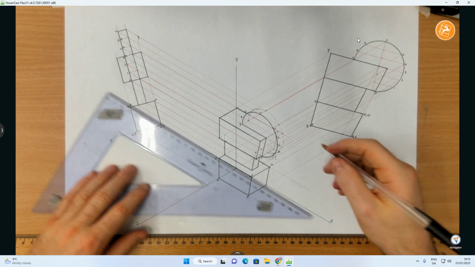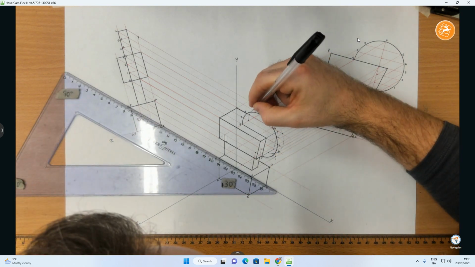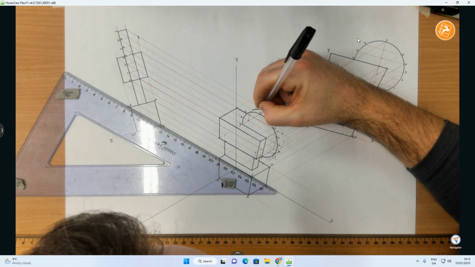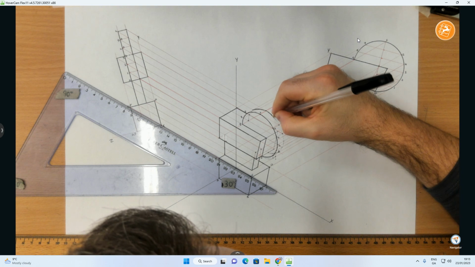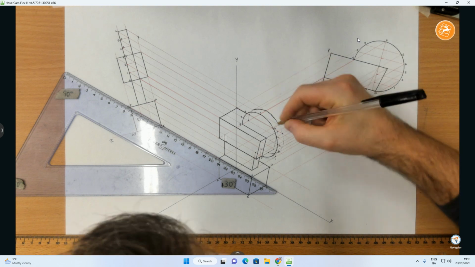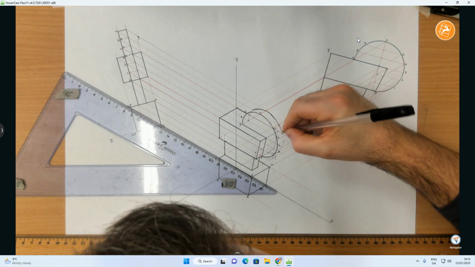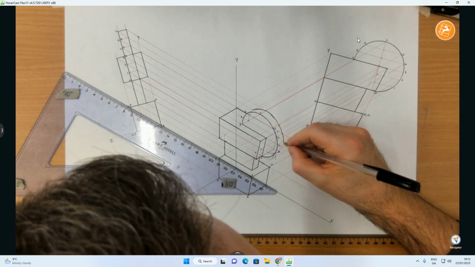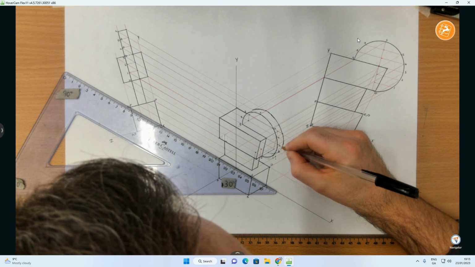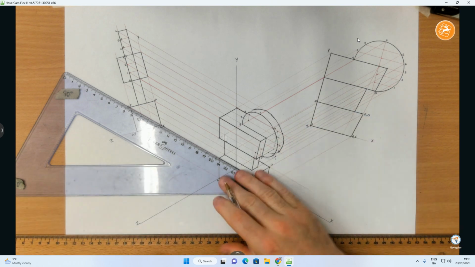Now, the only bits that we're going to see is these bits here. So I'm heavy in this portion. From there to there. Continue this around. From here. And all the way down.